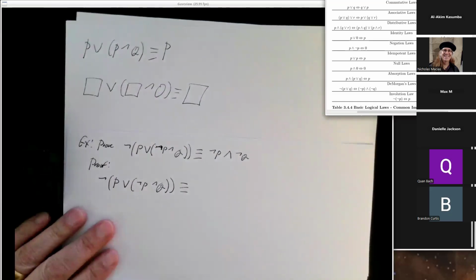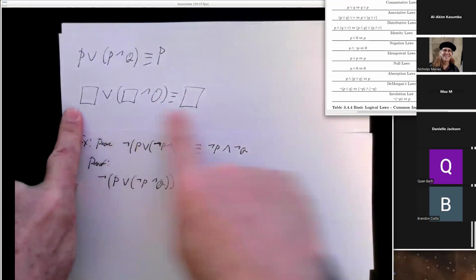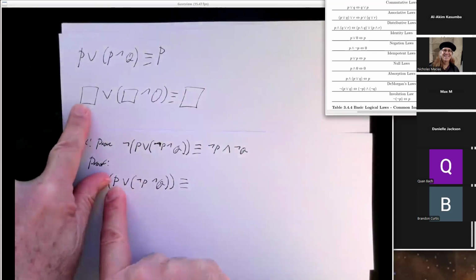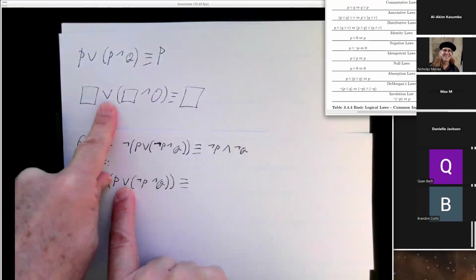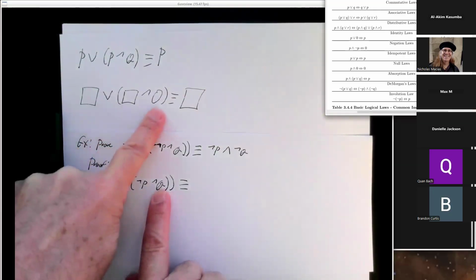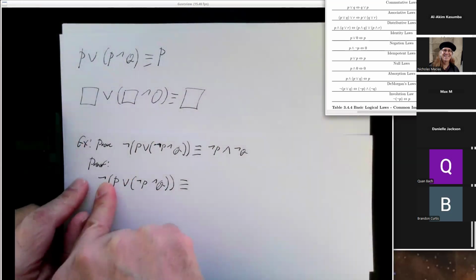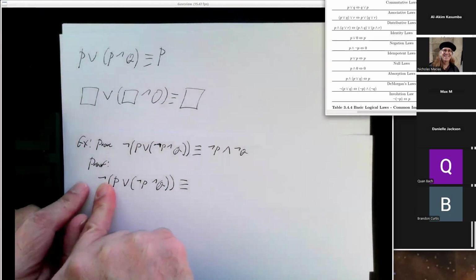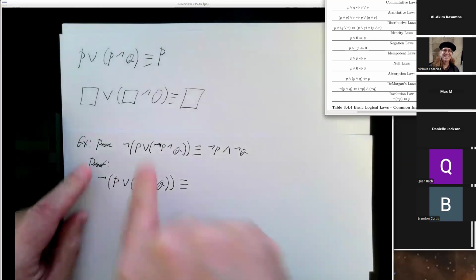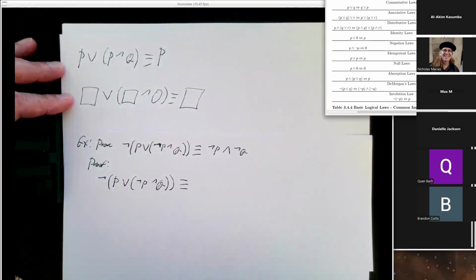So that's really, really close. I can almost take this expression and fit it into that form because I've got a P, I've got an OR, but I have a not P here, and then I have a Q over here, and I've got this extra not in the front. But right now, that doesn't exactly fit into that form, but it's close.